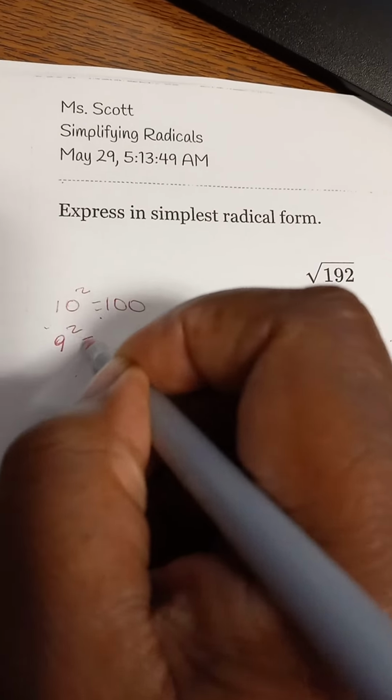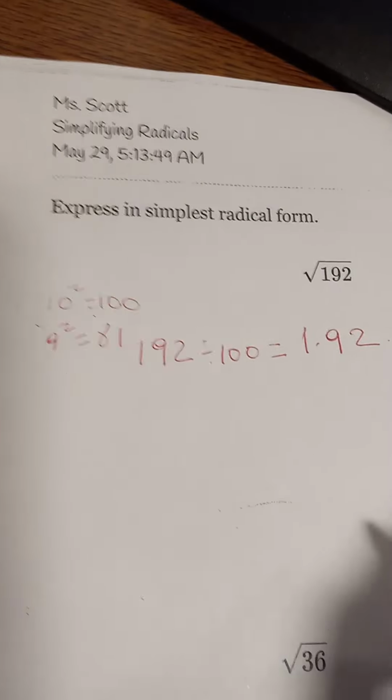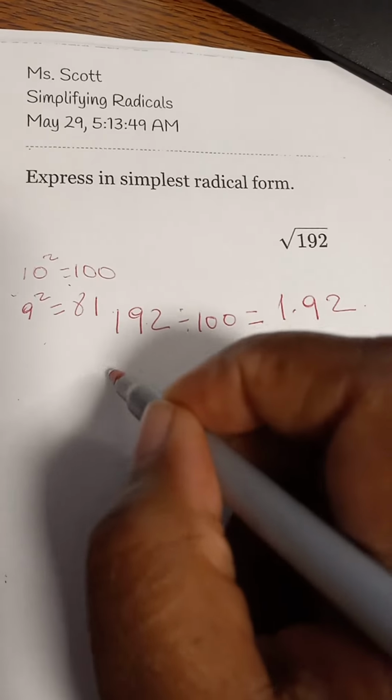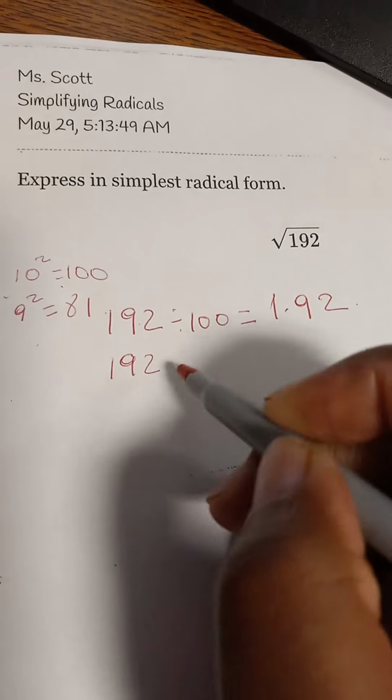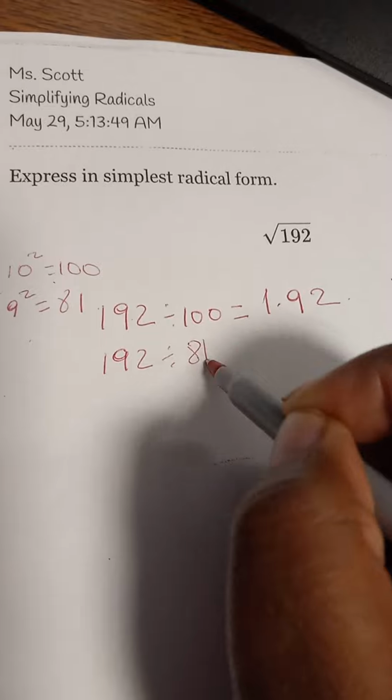What about 9? 9 squared is 81. 9 times 9 is 81. So we're going to have 192 divided by 81.